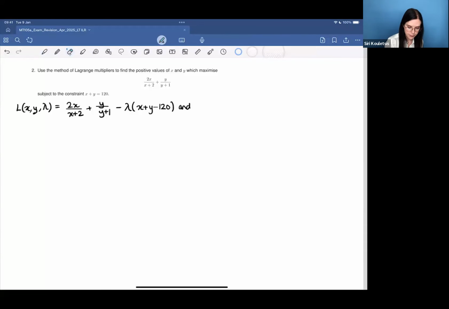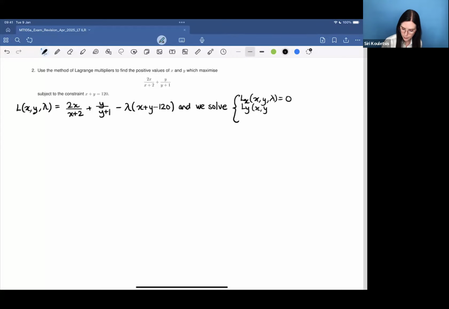So that's the Lagrangian. And what's the system that I talked about that we are solving? Also known as the first order condition. So it's all the first order partial derivatives of the Lagrangian set equal to 0.